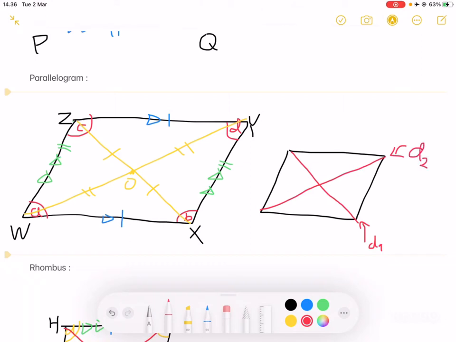D1 bisects D2 into two equal parts, and D2 bisects D1 into two equal parts. However, you must be careful about this because all these four parts are not equal to each other. They are in the form of pairs, and those pairs are equal to each other.